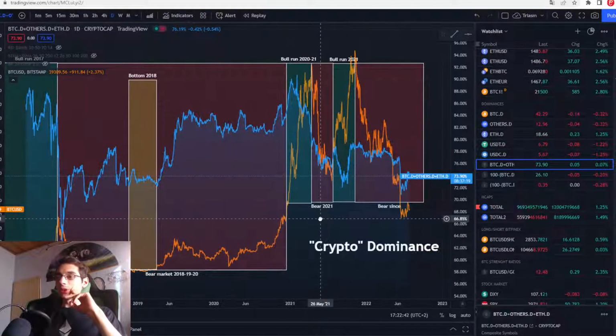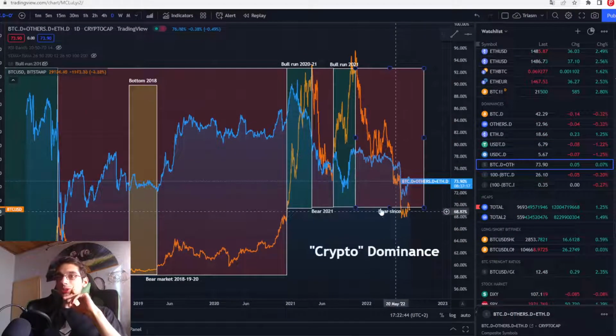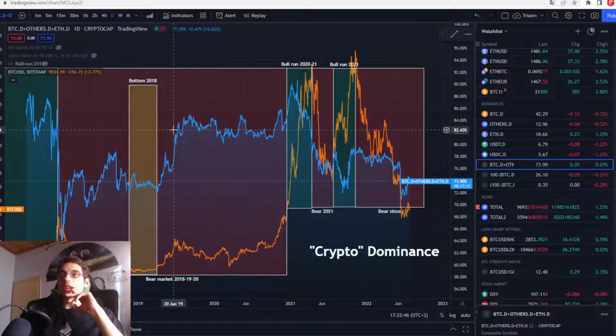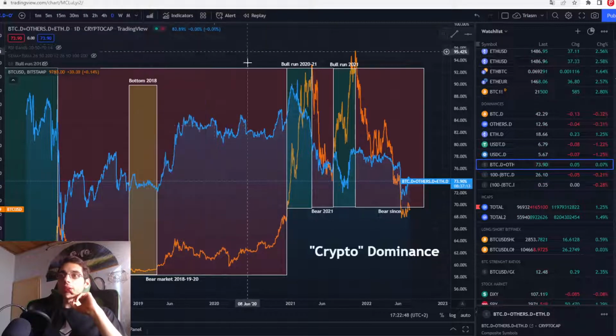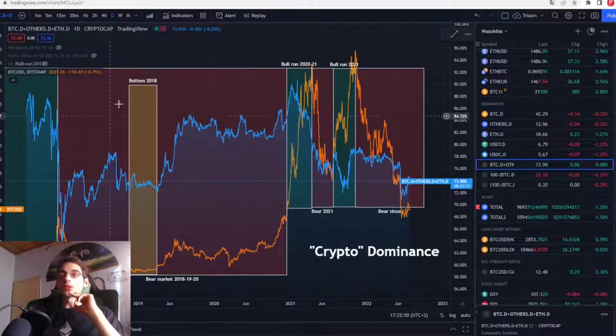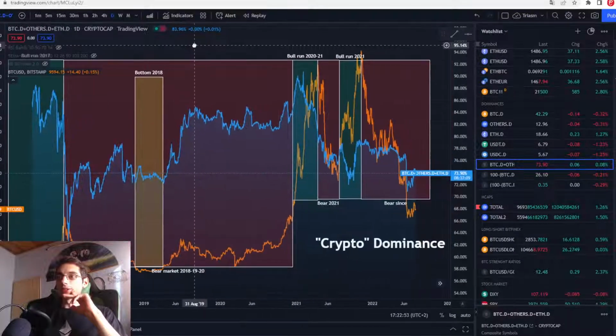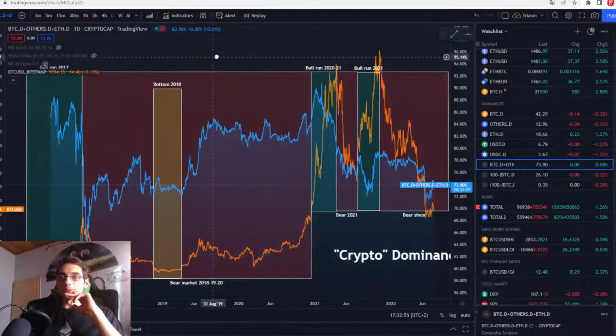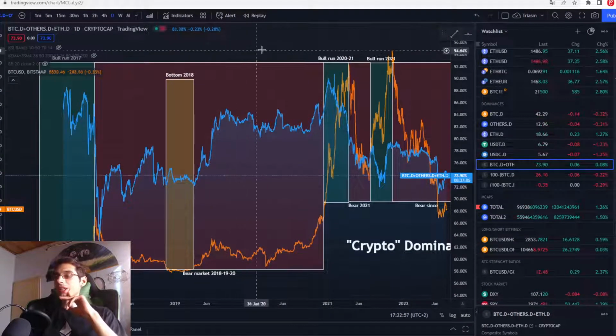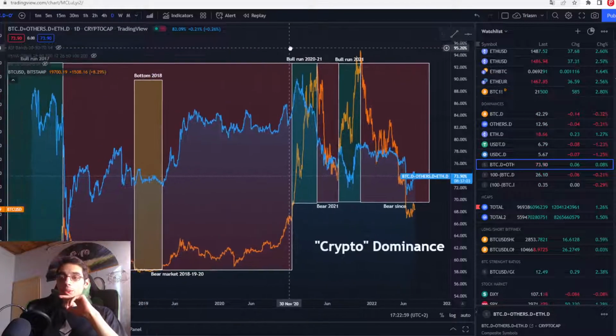I'll give you some updates on this chart also, and as you see, I'm using the area tool on TradingView. I'm trying to get you to see what we are talking about today. We are talking about the crypto dominance.